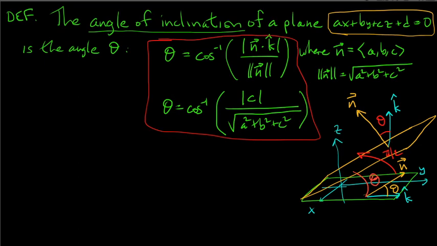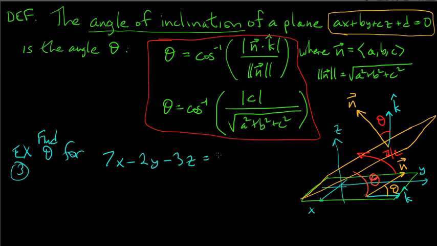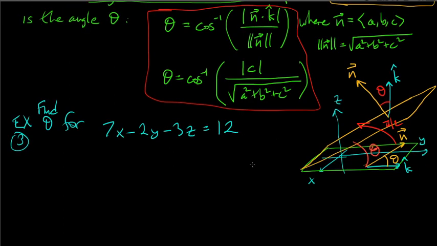So maybe we should do a quick example. So let's find the angle of inclination, theta. So find theta for the plane 7x minus 2y minus 3z equals 12. So obviously my n is just <7, -2, -3>.